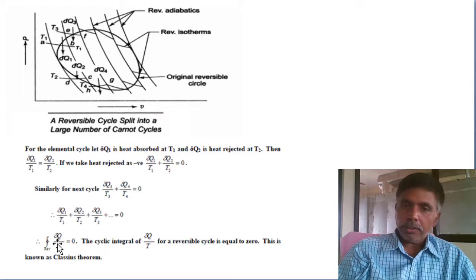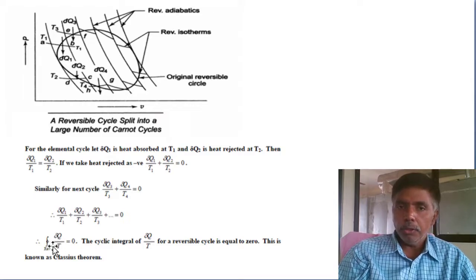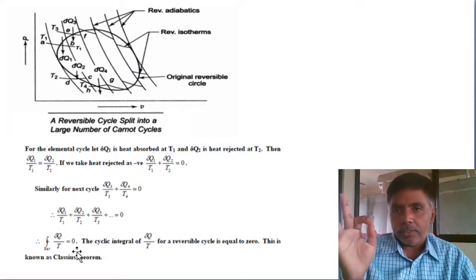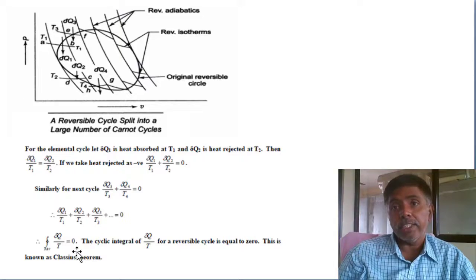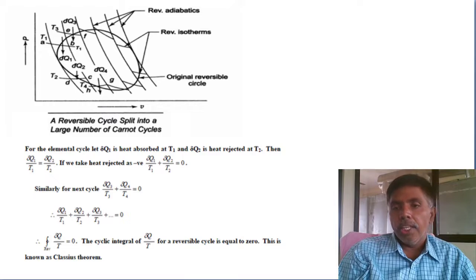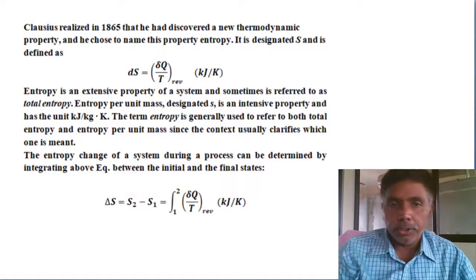Like that, in cyclic operation, dou q by T equals 0. In a reversible cyclic operation, the summation of all heat transfer divided by the boundary temperature is always 0. In irreversible, it is less than 0.